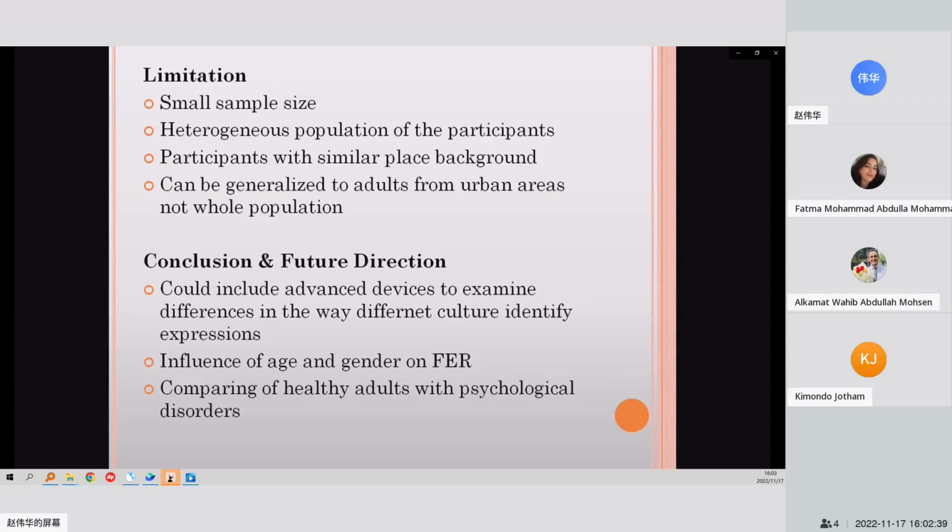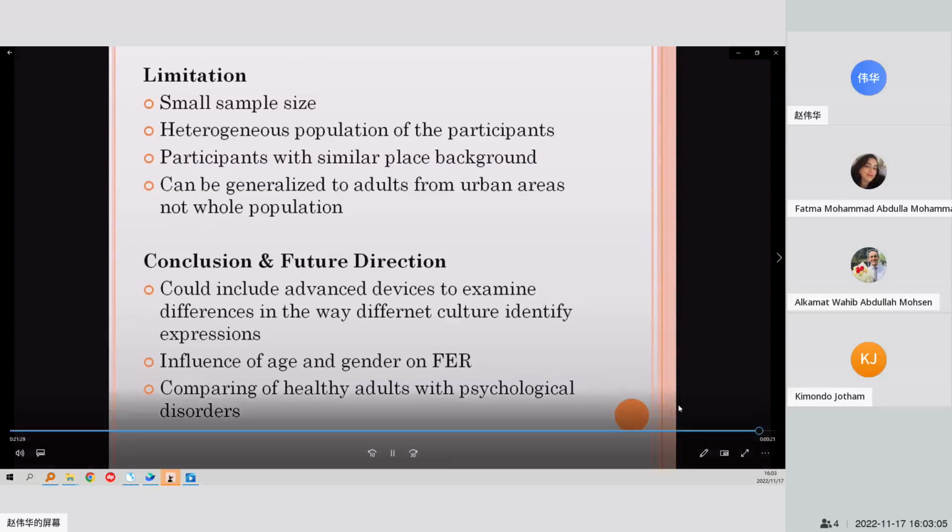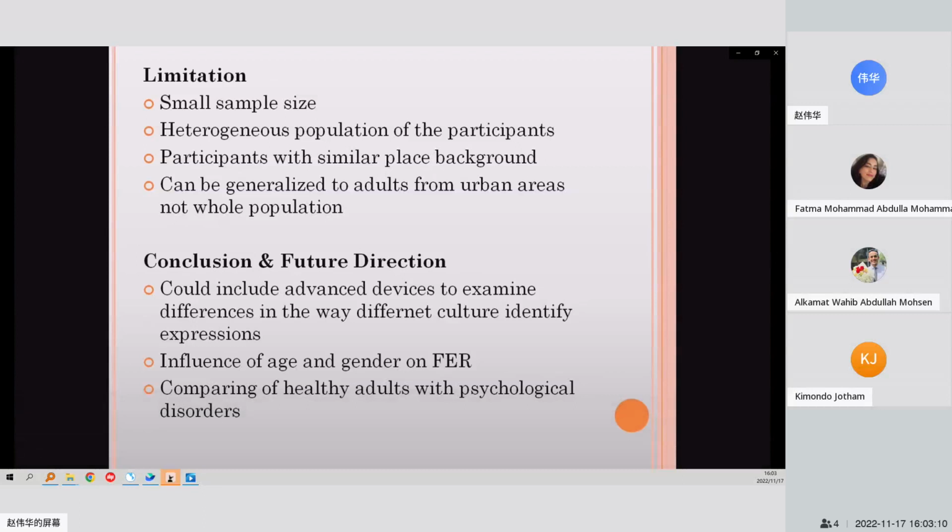And the last thing is that future study can include comparing healthy adults with those who have psychological disorders, and these three can be done in the future to take this kind of study to another level. And this concludes my presentation for today. Thank you all for your time.